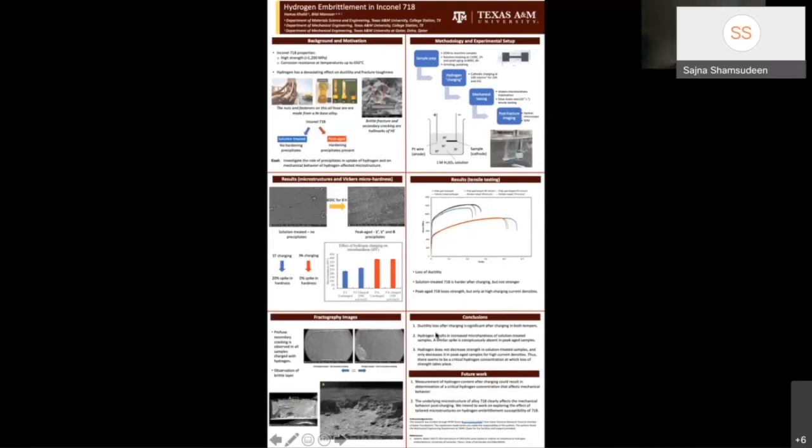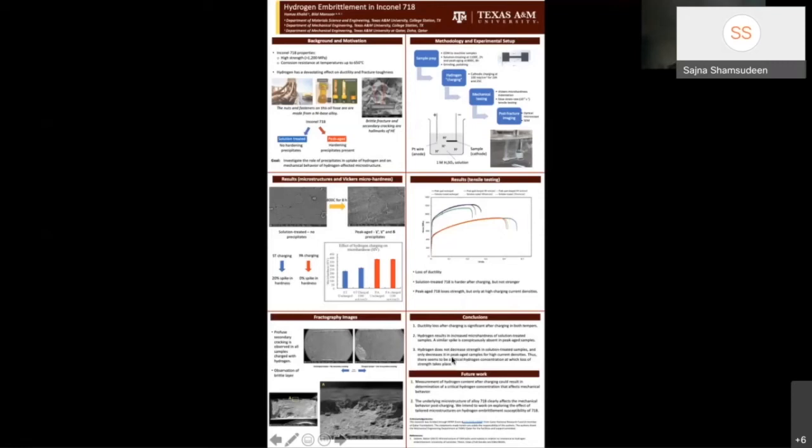The conclusions from the study are that firstly, the loss of ductility is there at the two different hydrogen concentrations that we investigated. However, the increase in hardness is only there for the softer temper, while the drop in strength is only there for the peak aged sample and at only the higher current density.